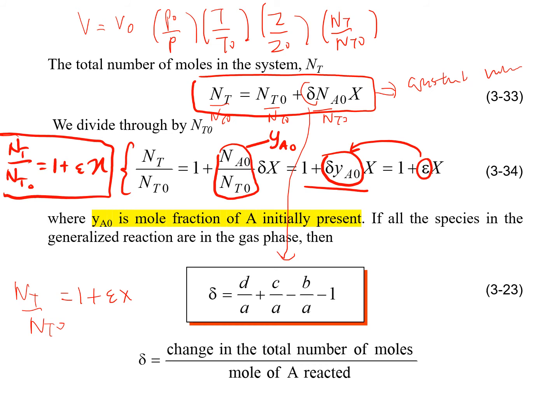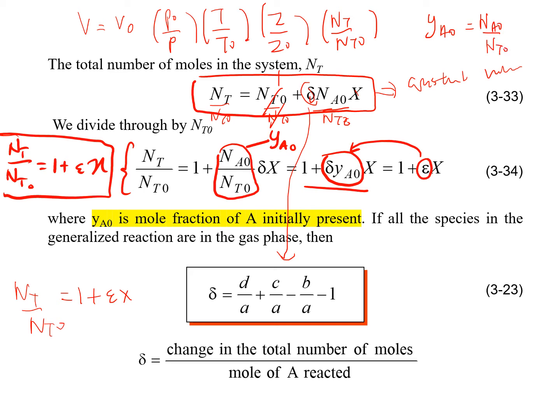Alright, N T over N T naught equals to 1. This one divided becomes 1. Okay, plus with N A naught over N T naught here. Okay, remember we have divided with N T naught. Okay, times with the del and X here. Okay, so we have a new definition, which is y A naught is equals to the fraction of N A naught over N T naught.